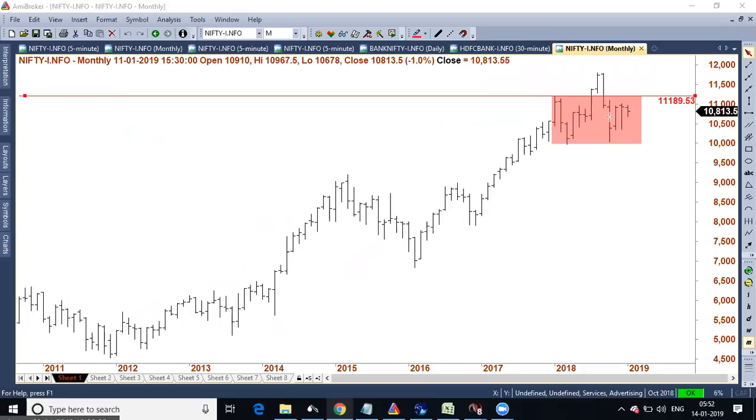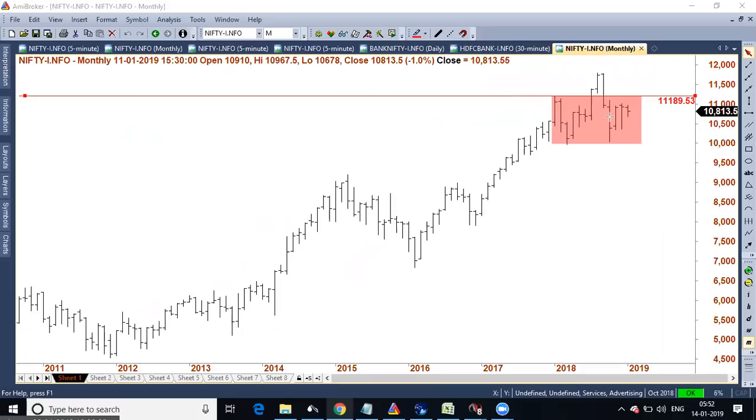So price crossing 11,189 is going to be a crucial setup. If any long-term auction has to kick in, if the trend has to turn completely positive, and a new trend has to emerge, possibly the price has to travel above 11,200 to establish a new uptrend.